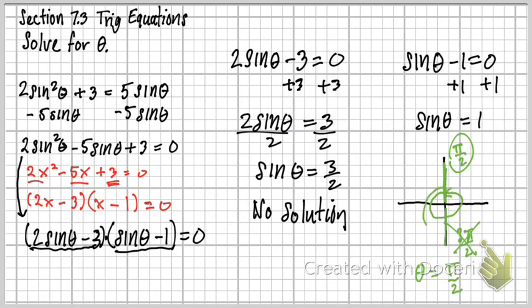When I do it again, from there I go around again, that's also going to be an answer. And I can even go in the backwards direction. So if I want to write every solution, I'm going to write theta equals pi over 2 plus 2 pi k. And this here would be the answer for every possible solution for theta here.